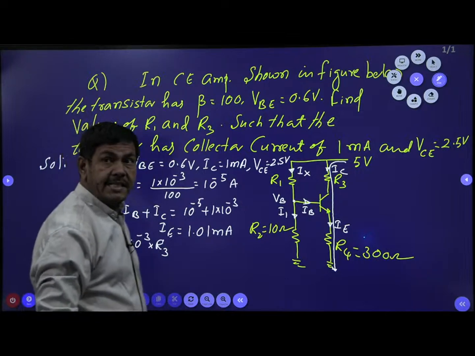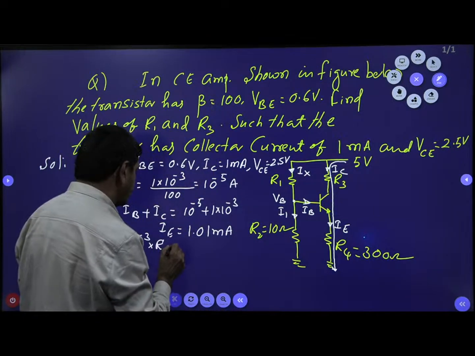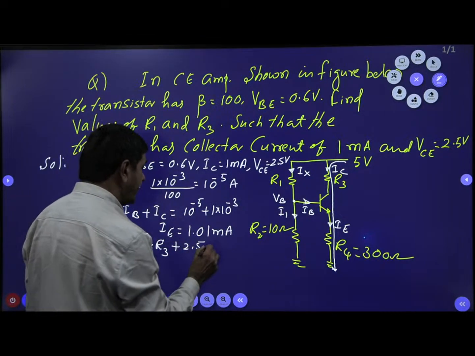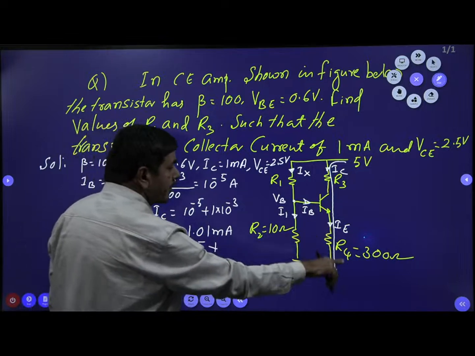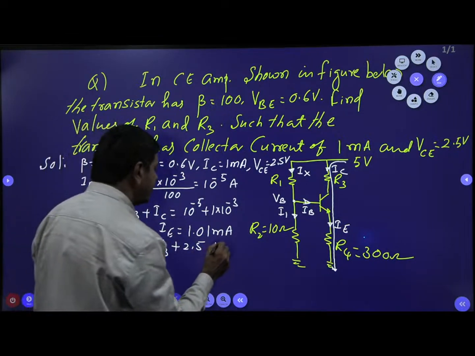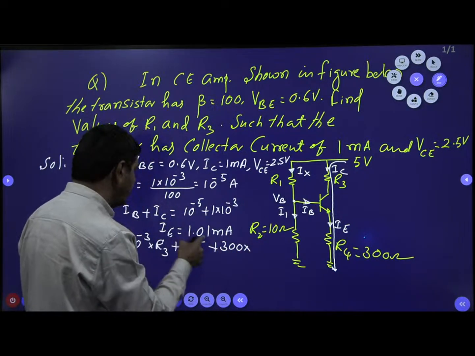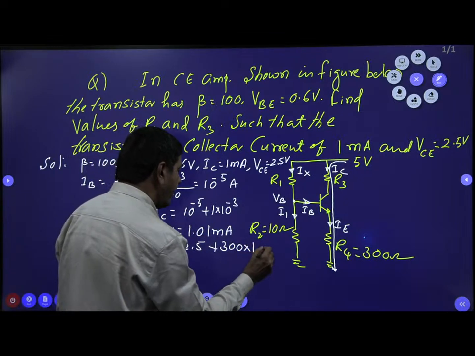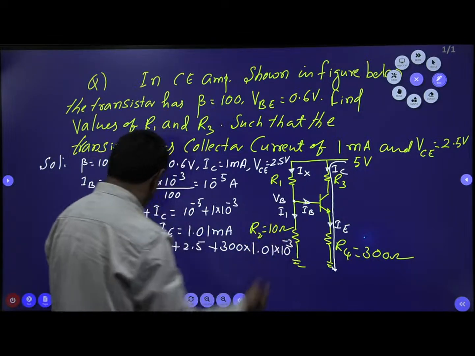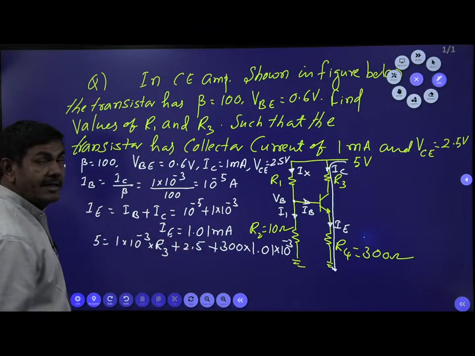And VCE, the collector to emitter voltage, is 2.5 volts, plus the drop across R4, which is 300 into IE. What is IE? We got 1.01 milliamperes here now. If you use the calculator, you will get the R3 value.